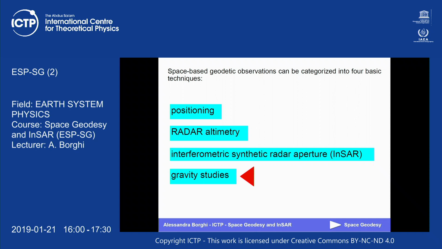And we can use interferometric synthetic aperture radar. These techniques are quite correlated because both use a radar as an instrument, but they are quite different. We are going to see them in detail, because together with GPS they are the techniques most used for physical applications and gravity studies.